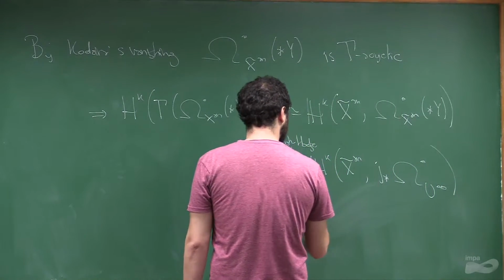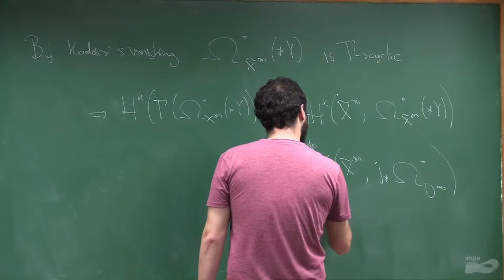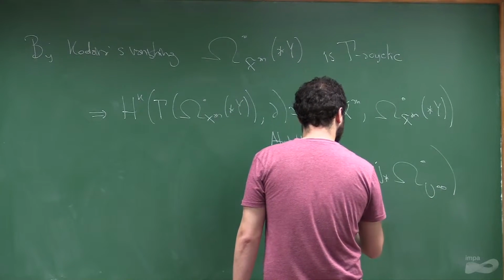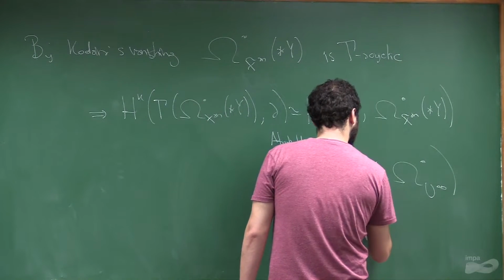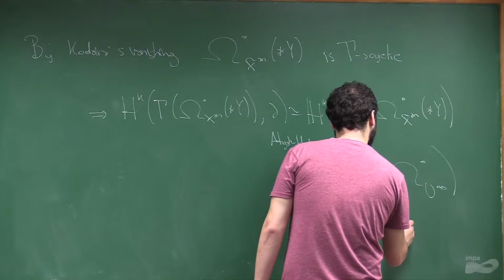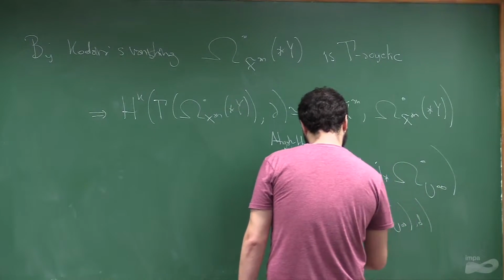And this is just the cohomology of global sections, and it's just the de Rham cohomology.